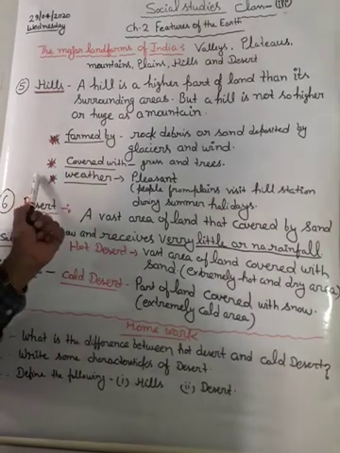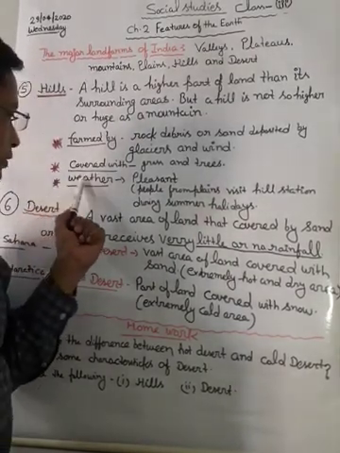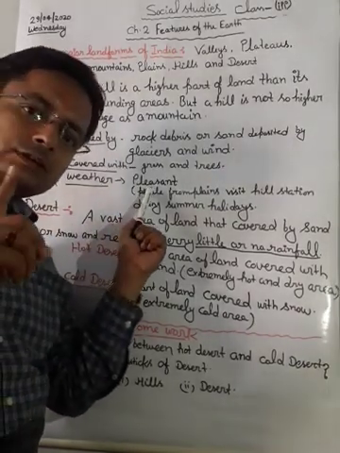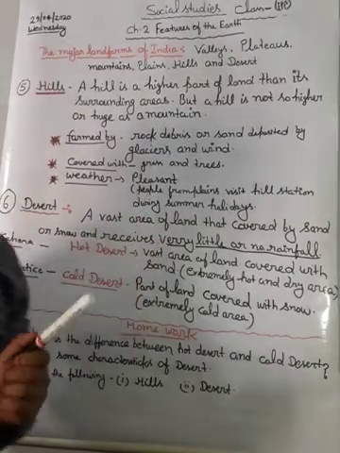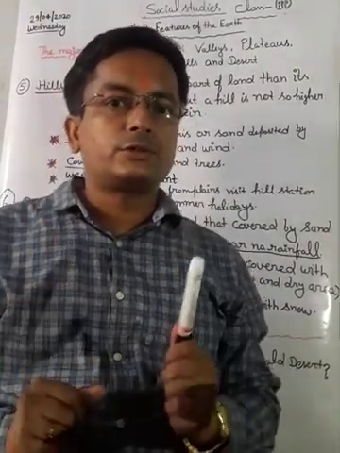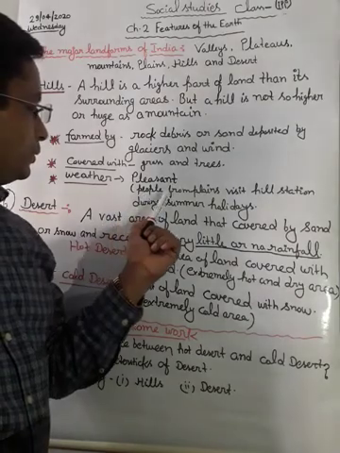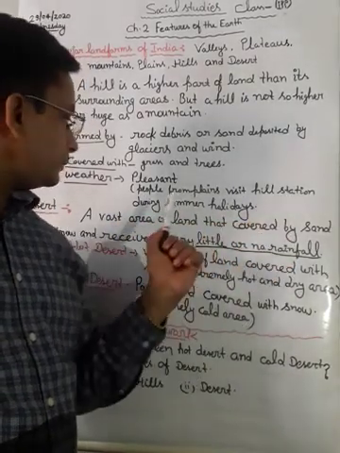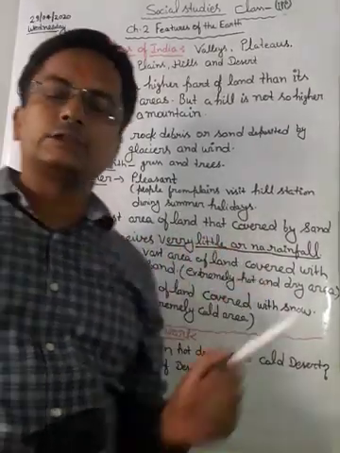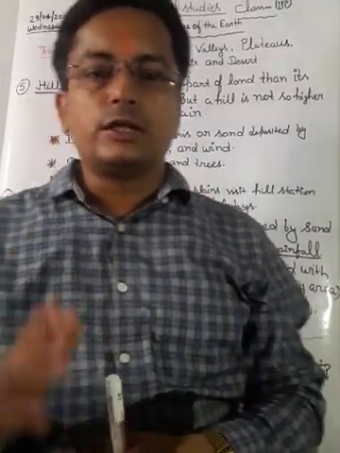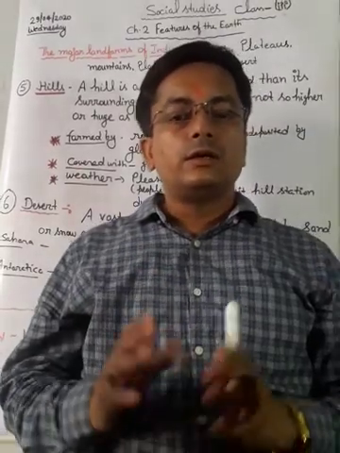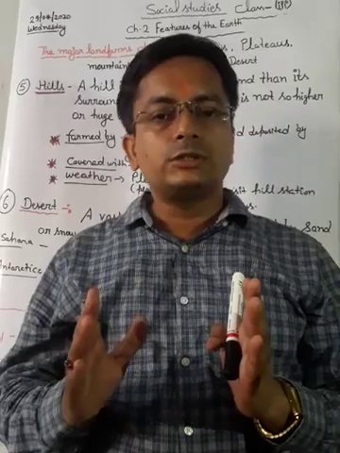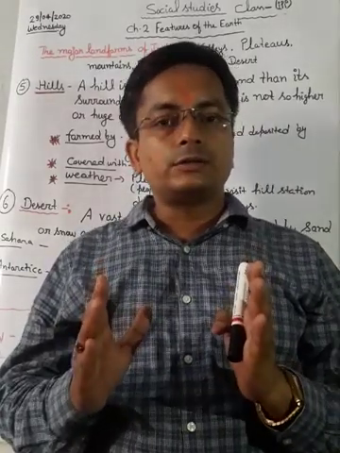And which type of weather is there on hills? On hills, the weather is pleasant. People from plains visit hill stations during summer holidays. Yes, students, in your summer holidays, children and their parents want to visit where?